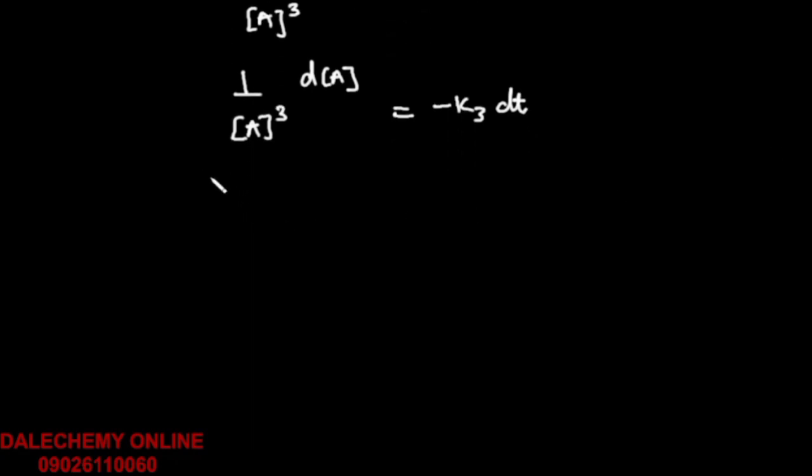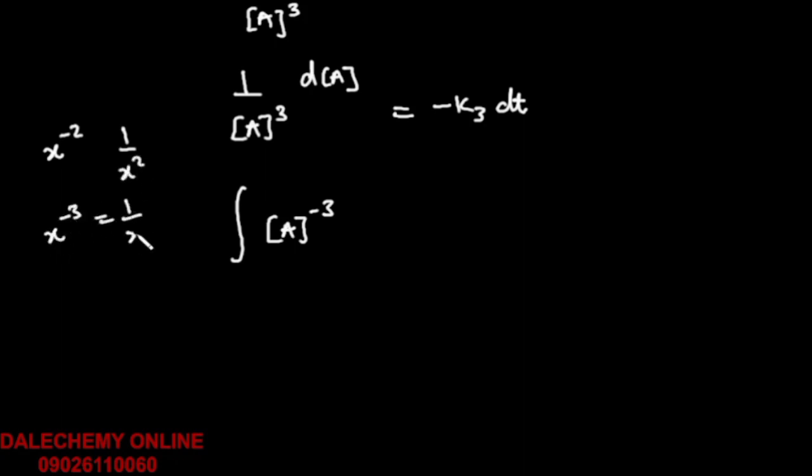So the next thing now is to add integral. Now this is actually A raised to power minus 3. Of course, if we have x raised to power minus 2, it is 1 over x squared. x raised to power minus 3 is 1 over x cubed. So the same thing here, 1 over A raised to power 3 is A raised to power minus 3.